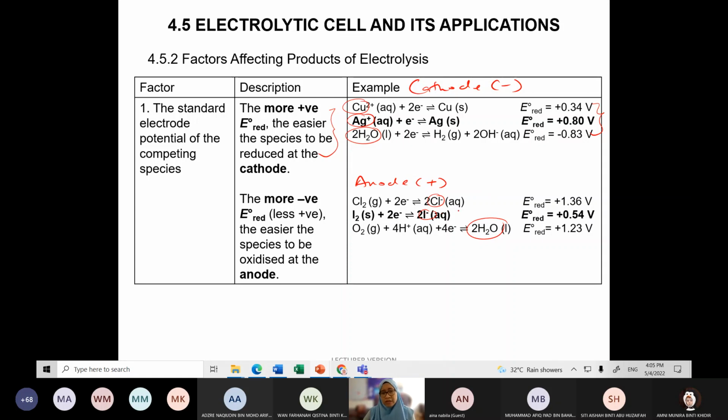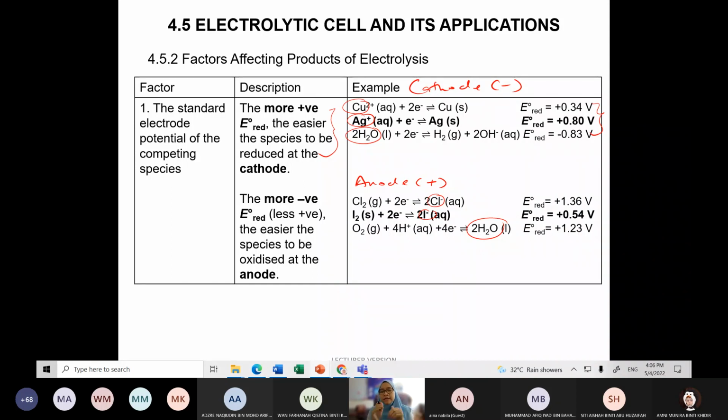H2O does not necessarily form ions. By nature it is in molecular form. In fact, its dissociation into H+ and OH- is very, very weak; that's why we have Kw.